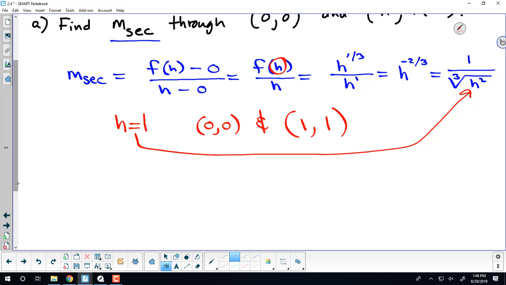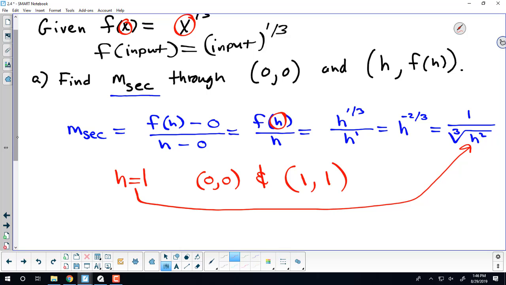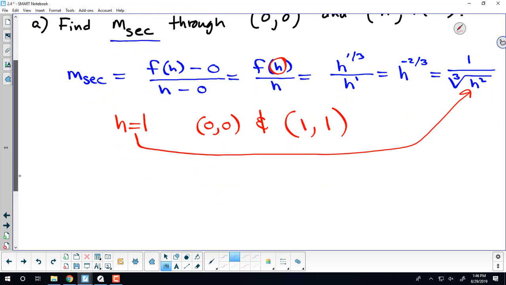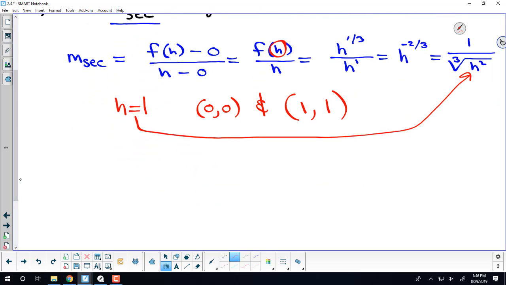Does that make sense? It's sort of giving us a shortcut. So if I asked what's the slope of the secant line or the average rate of change between 0 and 1, without this notation we would say that's f of 1 minus 0 over 1 minus 0.